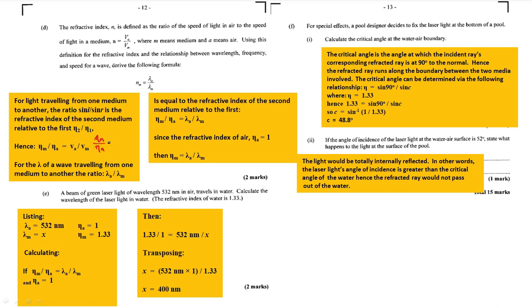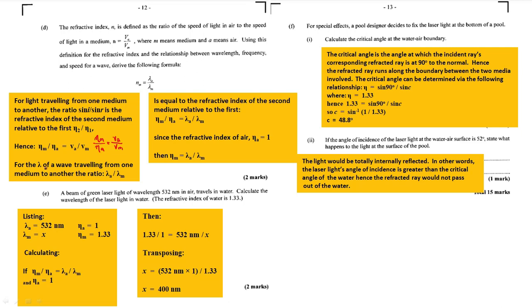Let's just say the wave in air is equal to the ratio, where it flips, so the speed of the light in air over the speed of the light in the medium, right? So it's the reverse. So it says it is the refractive index of the second medium relative to the first. So flip it. In other words, this would have been sine 1 and this is sine 2. Okay, that's basically what it's saying.